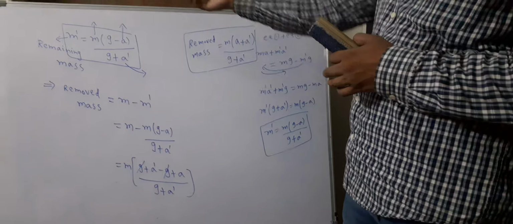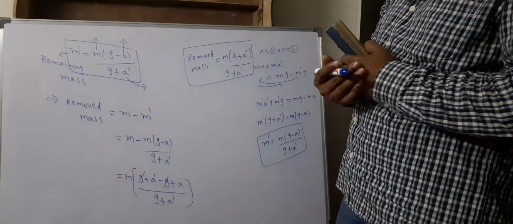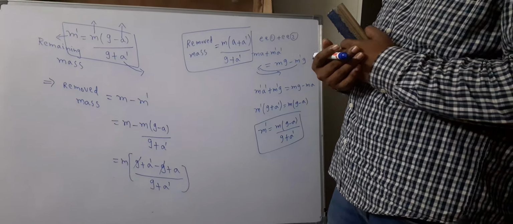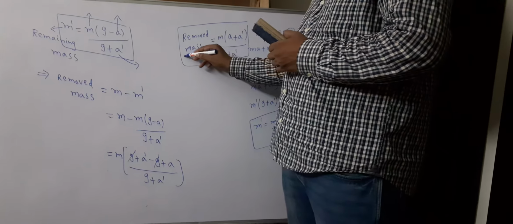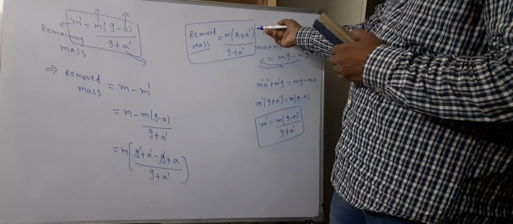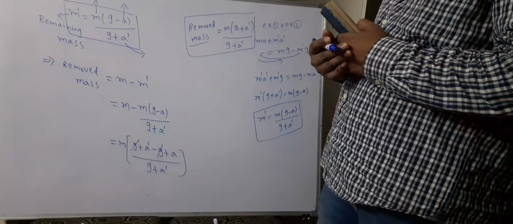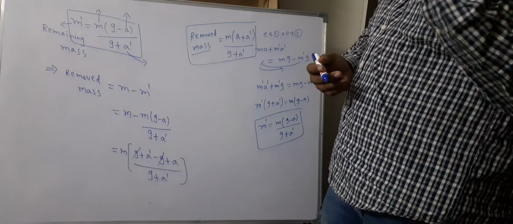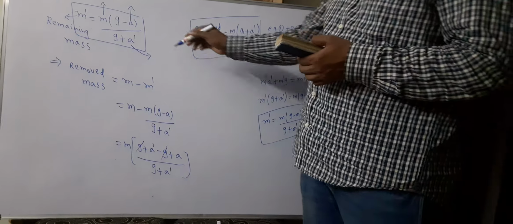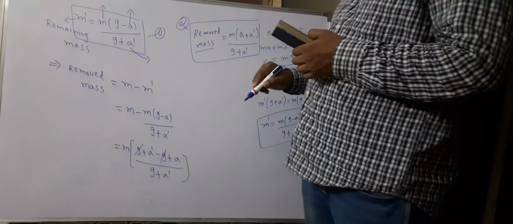What is the remaining mass formula? m into g minus a, divided by g plus a dash. What is the removed mass formula? m into a plus a dash, divided by g plus a dash. In the situation, according to the question, we use this formula or we use this formula.